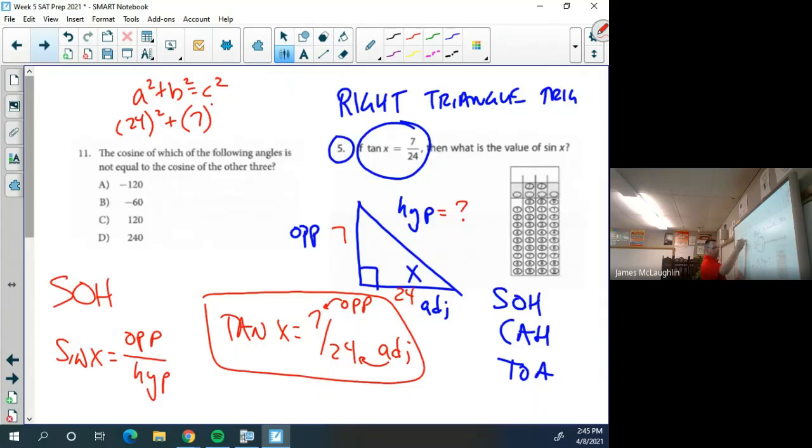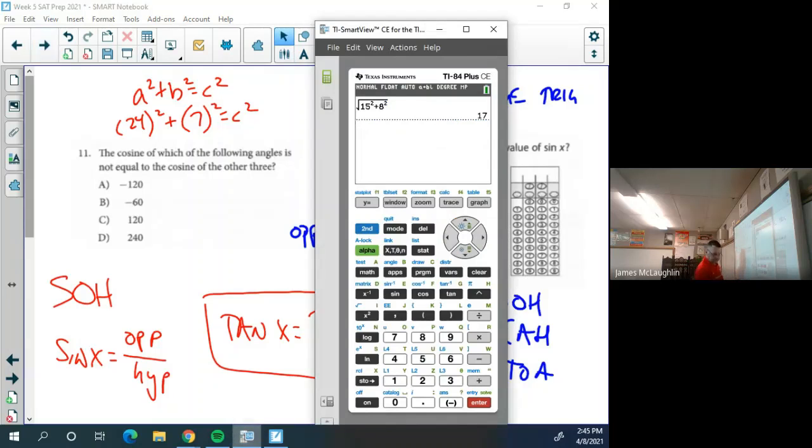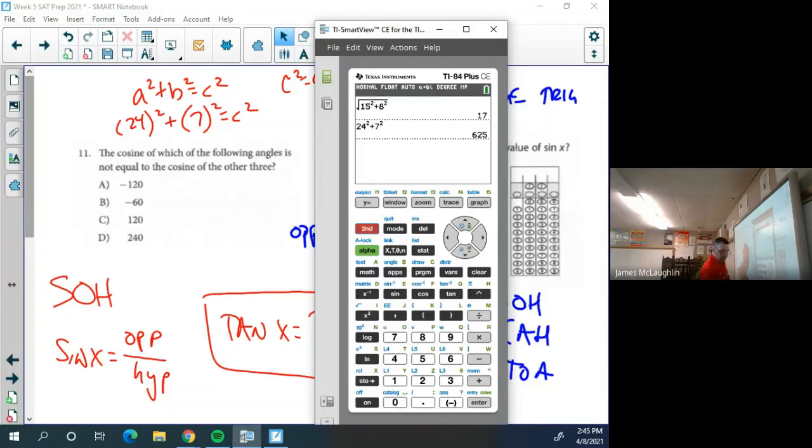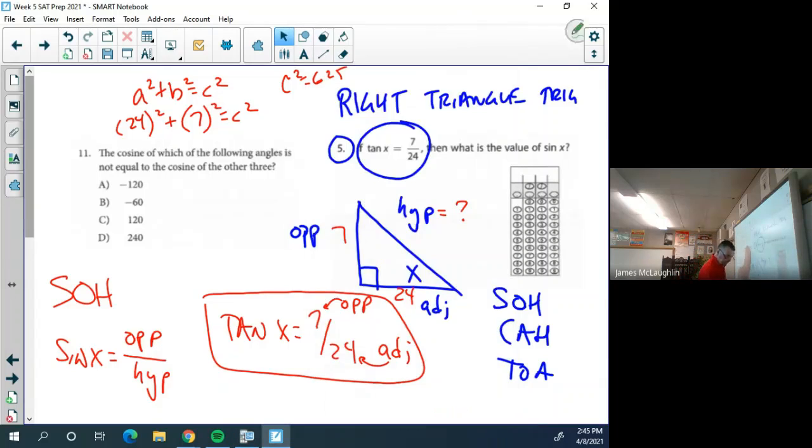My B value is 7. We've got to find C squared. 24 squared plus 7 squared is going to be a pretty big number, 625. If C squared is 625, you solve for the value of C by taking the square root of it, so that's 25. My hypotenuse, I just found that to be 25.